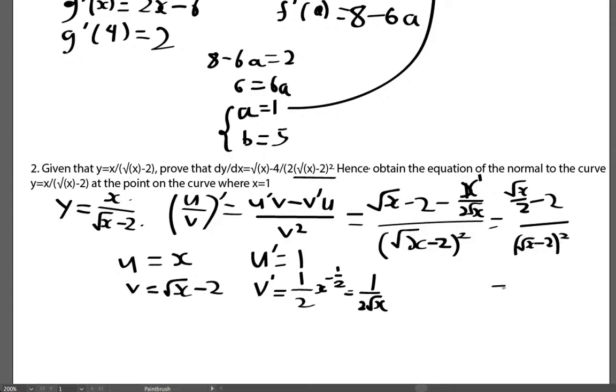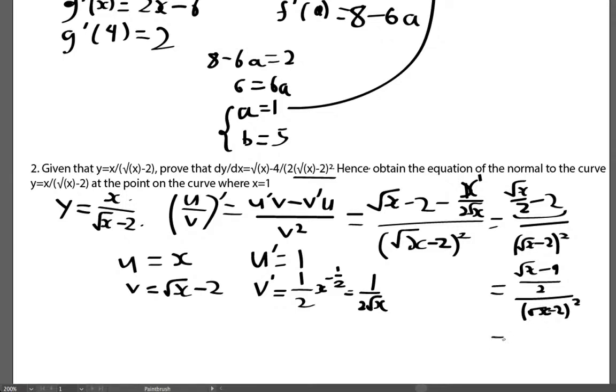Let's make sure that the bottom side here would be the same. The bottom of the top, yeah. So you'll have the square root of x minus 4, divided by 2, divided by this big guy here, the square root of x minus 2 squared.